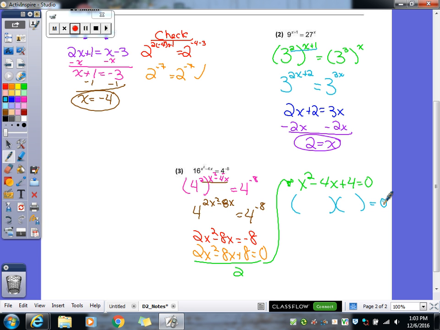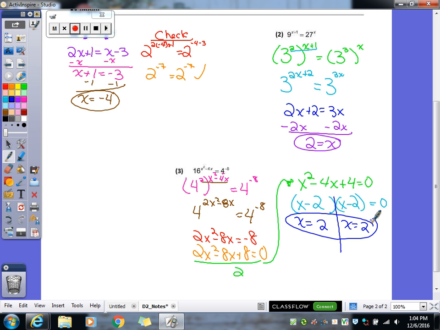What will this factor into? What will our signs be, same or different? Both going to be negatives. What multiplies to give us 4, but adds to negative 4? 2 and 2. So we get x equals 2 and x equals 2.